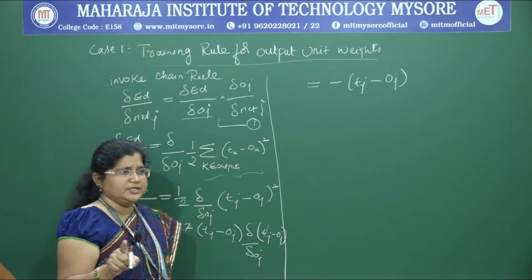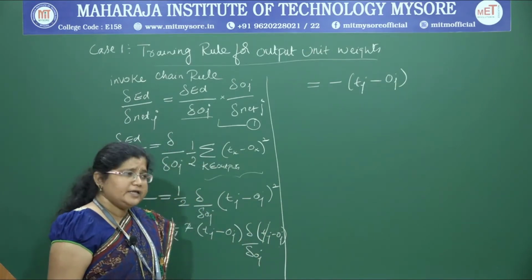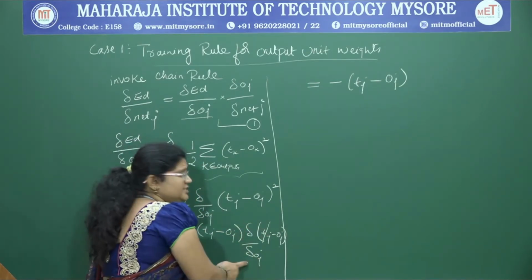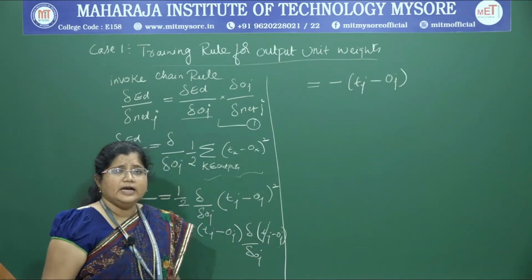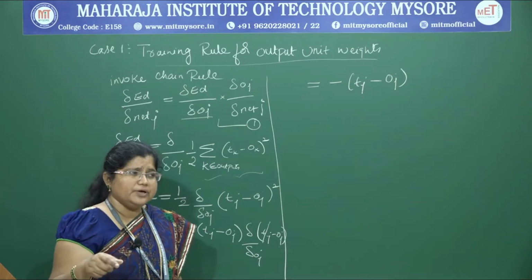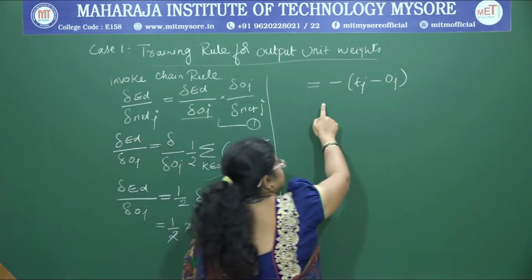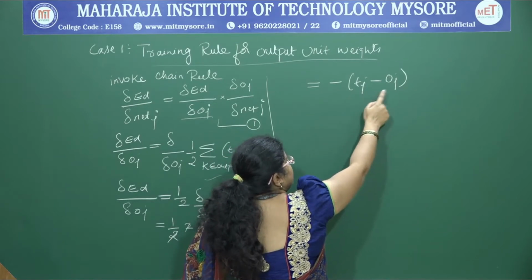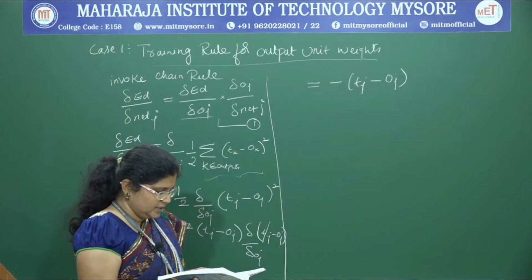So because of that reason, Tj is going to be removed. Next part: if you differentiate Oj with respect to Oj, then we are going to get minus 1. So that's what we have written over here: minus (Tj minus Oj) within brackets.